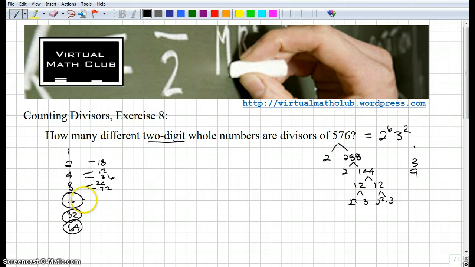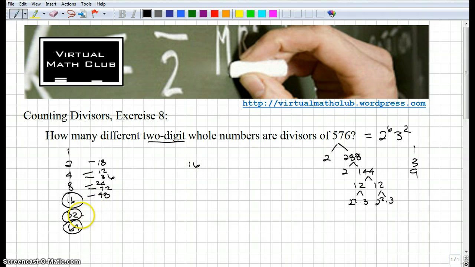Alright, 16. 16 times 3 is going to give you a two-digit number. Let's figure out what that is. 16 times 3 is 48, right? Okay, so 48. And 16 times 9, I can guarantee is going to be too big, because it'd be 90 plus 54, so that's too much.